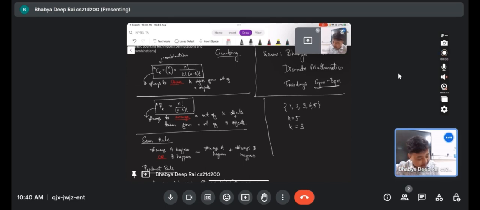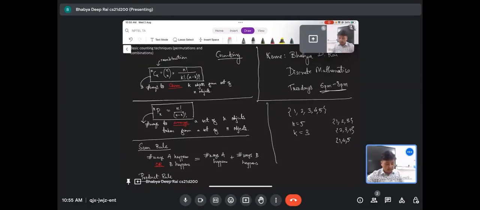Then I could pick 1, 2, 3, or I could pick 1, 4, 5. So 1, 4, 5 is another set of objects of size 3. What we want to count is how many of these sets there are.